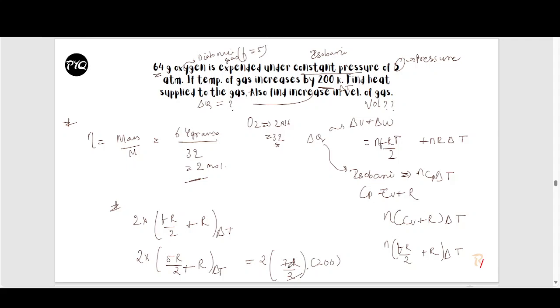Gives me 2 into 100, 7 twos are 14, 14 into 100, 1400 joules is the answer.